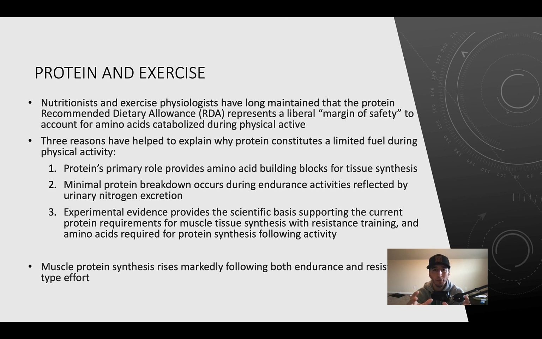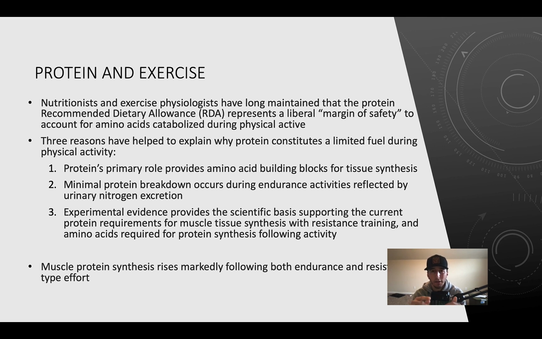And we want to make sure that we are eating enough so that we can maintain that safe little buffer. Generally, the RDA is set so that the average individual doesn't have to worry about tapping into their protein stores during exercise.